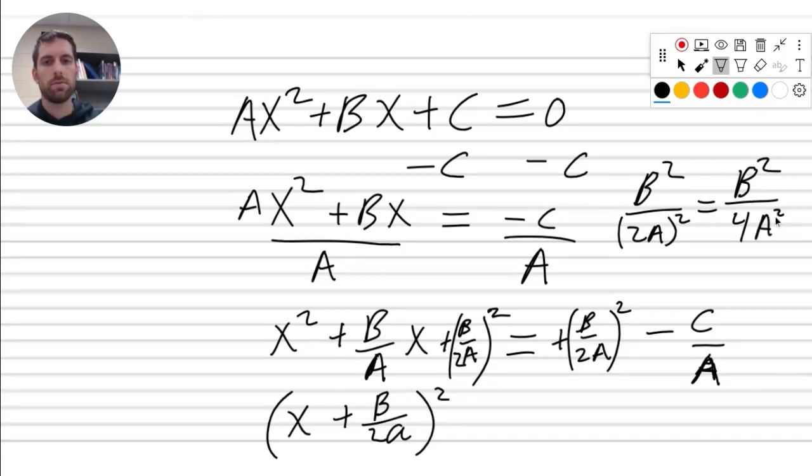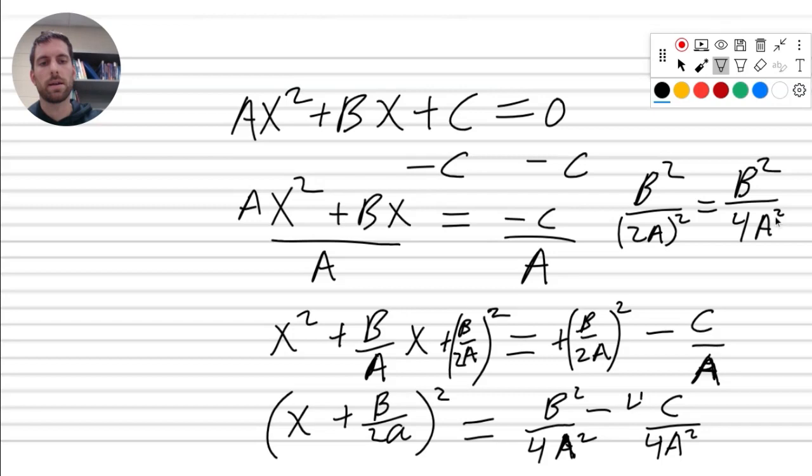So now that I know that, I can set this equal to b squared over 4a squared, minus c over a. And we want to find a common denominator here because we have a c over a. We need to multiply this by 4a. So 4a on the bottom, then 4a on the top.